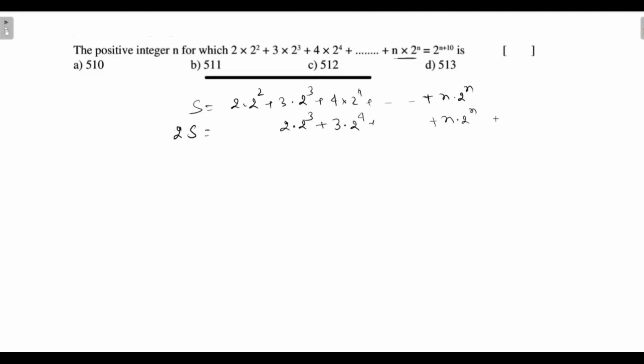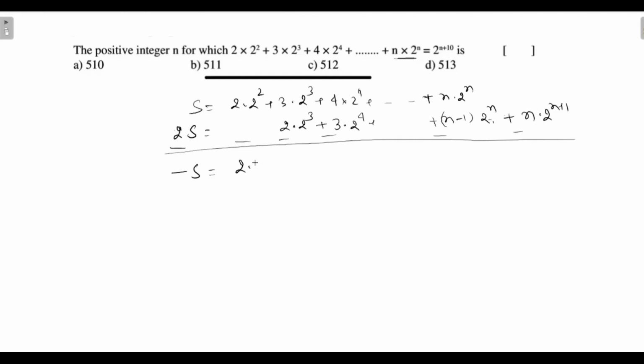And at the end, as I'm shifting, this is going to be n minus 1 into 2 to the power n, and the last one will actually be n into 2 to the power n plus 1. Now if I subtract, this will be minus, minus, minus, so this will become minus s, which is fine.